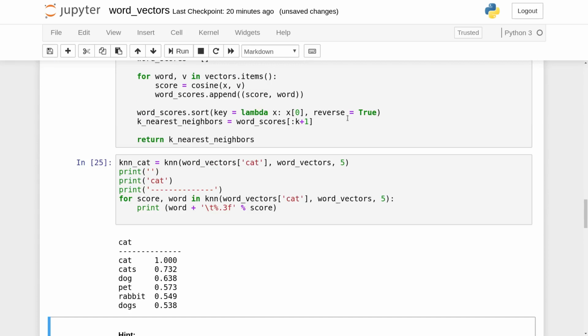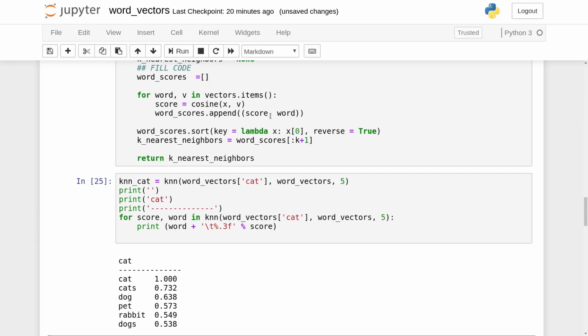Yeah, okay, good. And now you can see that it's working fine.